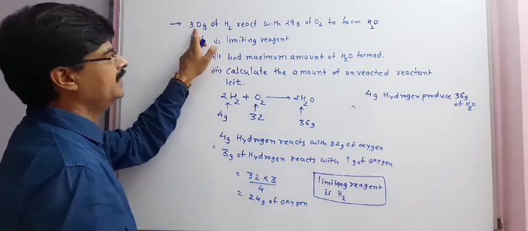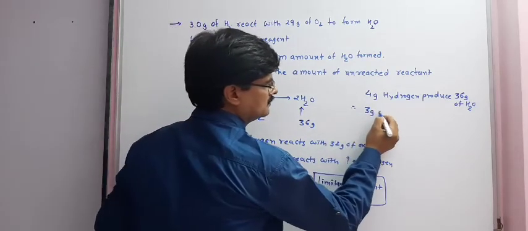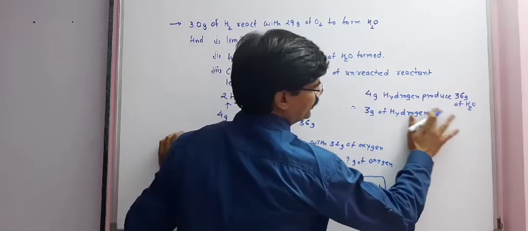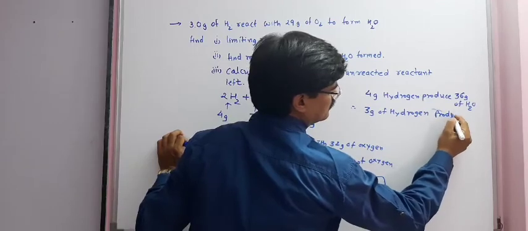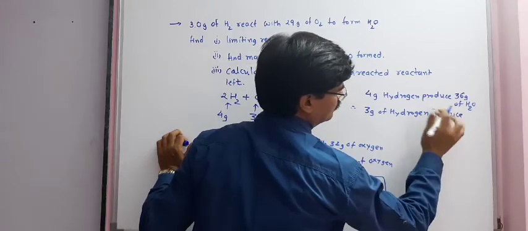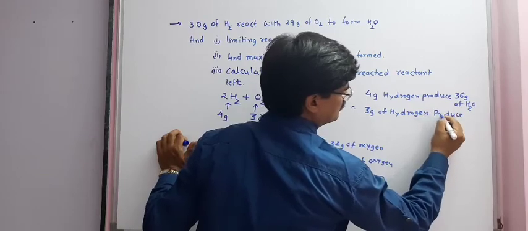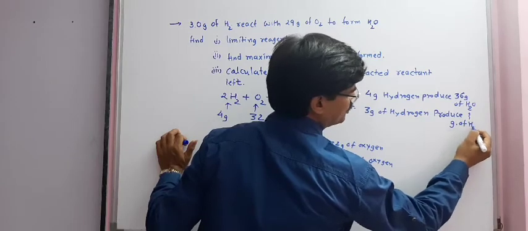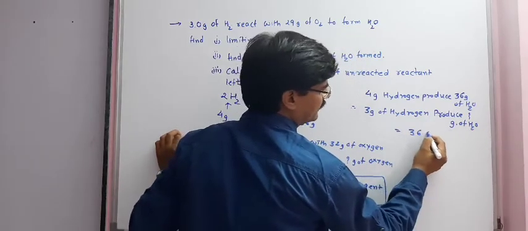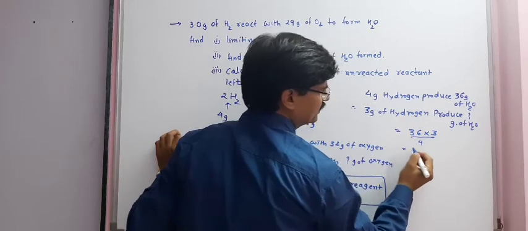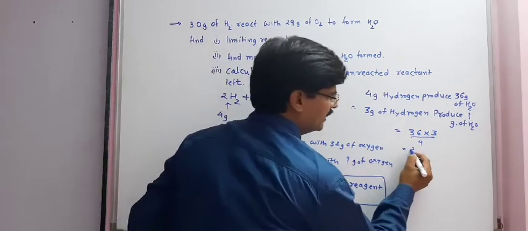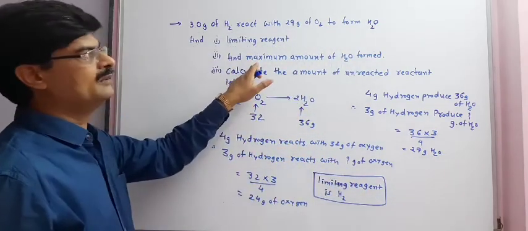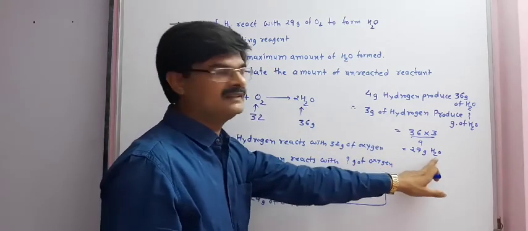Therefore, 3 gram of hydrogen produces what gram of water? So we will get 36 into 3 divided by 4. On simplification, we will get 27 gram. Means we can say the maximum amount of water formed is 27 gram.